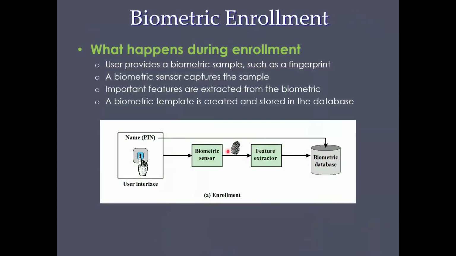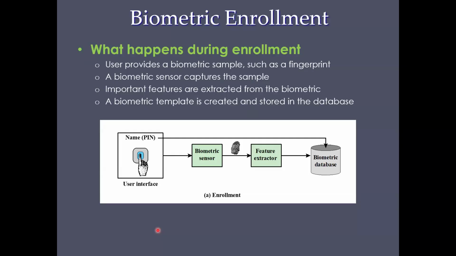So how are these biometric characteristics extracted and stored? The user is going to provide some biometric sample, and this architecture is generic for all biometric authentication methods.